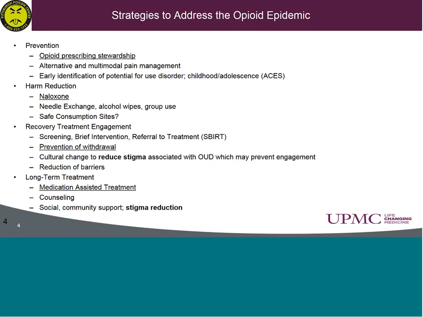Harm reduction, so keeping people alive while they are using, with the hope eventually of getting patients into treatment. And then treatment engagement, which is necessary to get folks into long-term treatment.